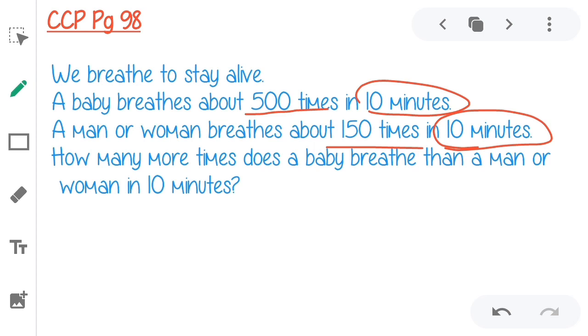The question asked is, how many more times does a baby breathe than a man or a woman? We have to find out how much more the baby is breathing than a man or a woman.